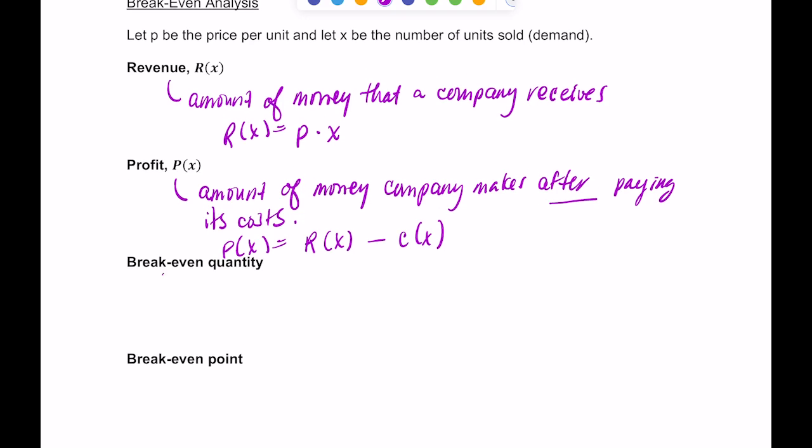Break-even point, break-even quantity, those are things we talked about when we looked at equilibrium quantity and equilibrium point. So here we're just dealing with the break-even analysis. The break-even quantity is just the number of units, X, at which revenue equals cost.